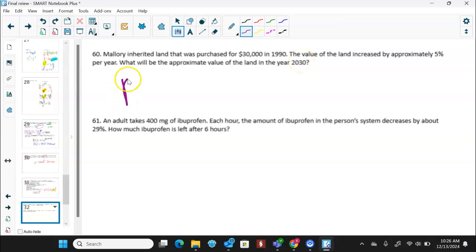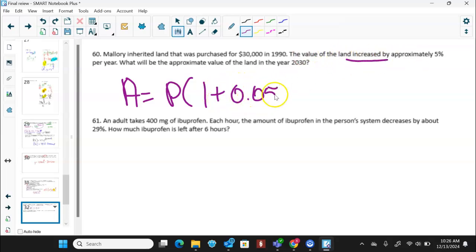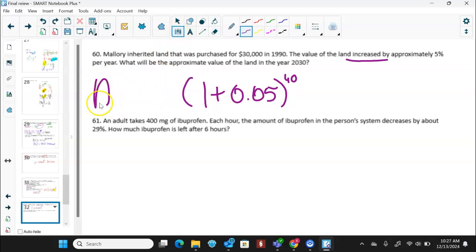So your formula is just simply going to be P times 1 plus or minus, in this case, this is increased value, so plus, and then the rate in decimal. And then the time is, so hold on, Mallory inherited the land purchase. Okay, the time is from 1990 to 2030, which is 40 years. Okay, and then of course we would change the P right here to be 30,000.